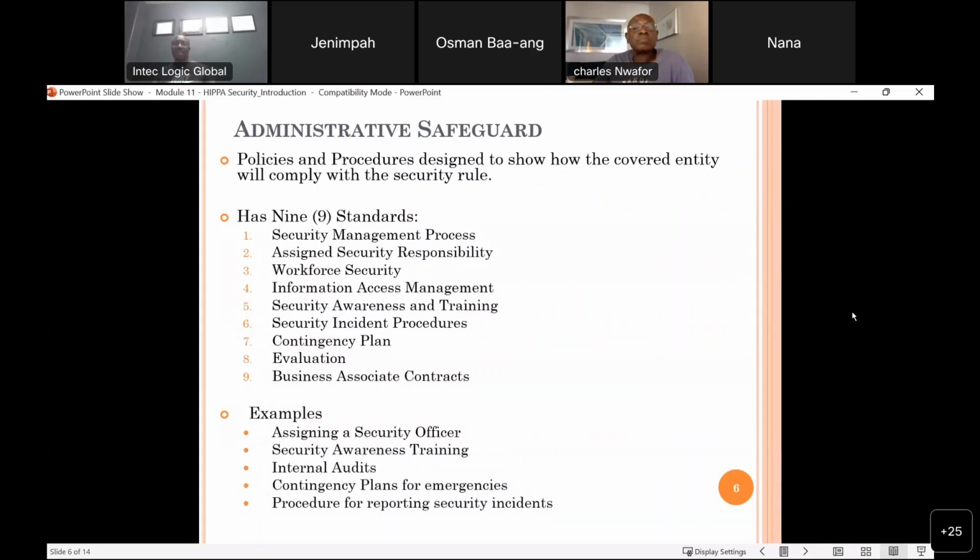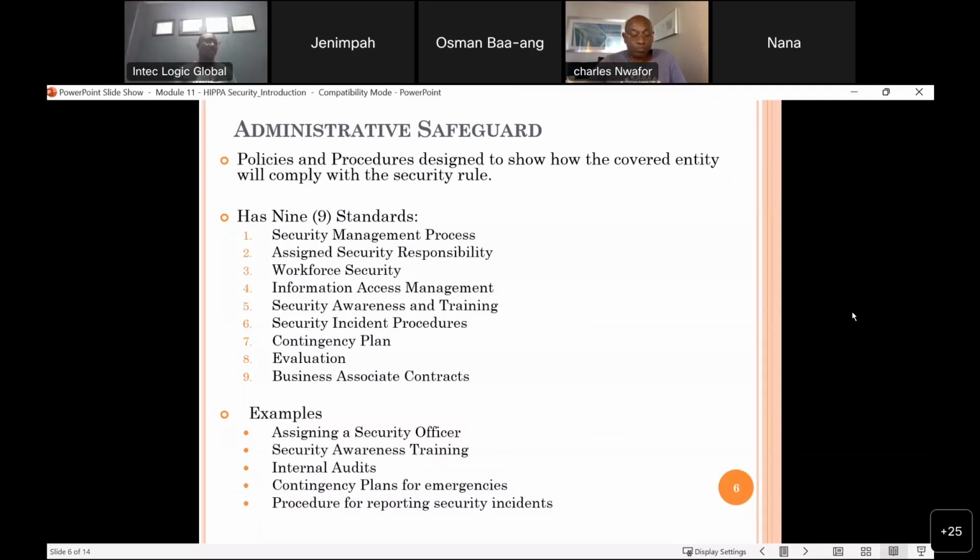So we said HIPAA security has 3 main categories. The first category is administrative safeguards. Here we're looking at policies and procedures designed to show how a covered entity will comply with the security rule.